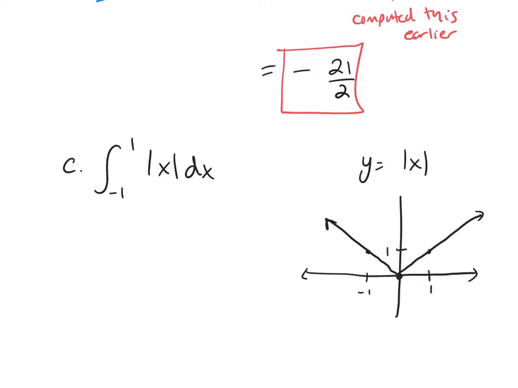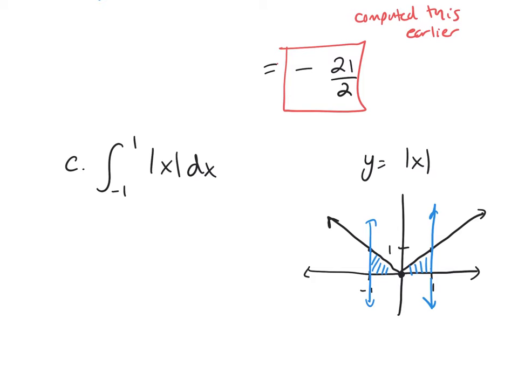And so what I'm going to do, because I want to find the area from -1 to x equals 1 here, I want to find these two areas here. I'm going to split this up into two separate integrals using property 3.